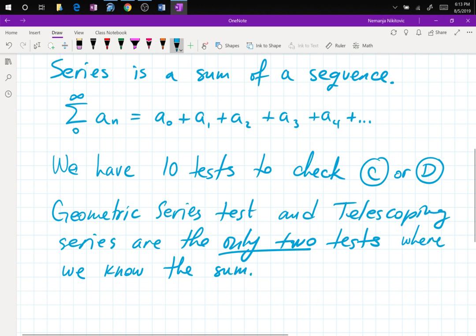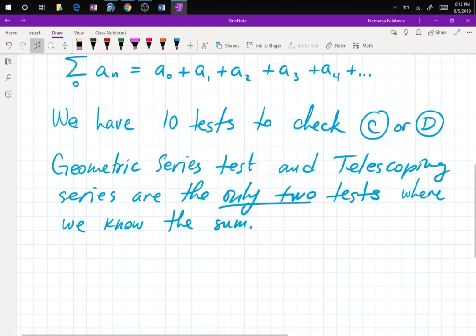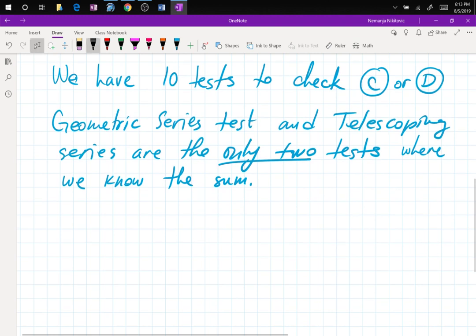Other tests will just tell us it converges, but it doesn't tell us what value it converges to. So today on the menu, the first is the divergence test.